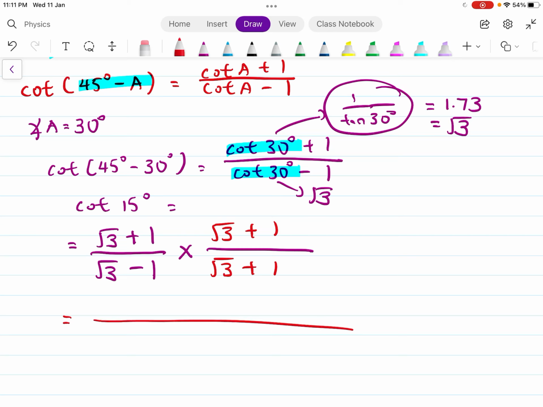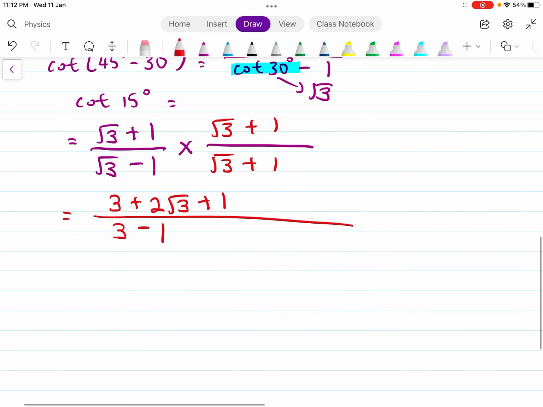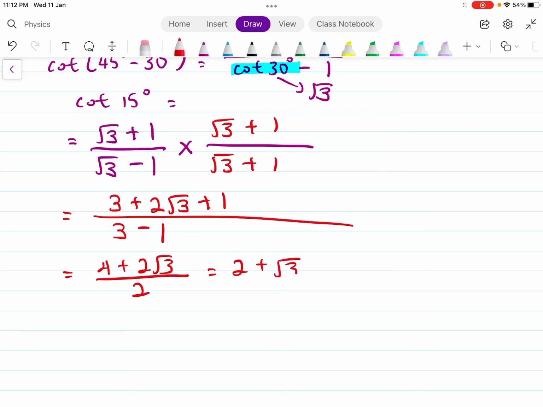I do it very fast: the denominator is 3 minus 1. The top is 3 plus 2 square root 3 plus 1. So you will get your form ready. It's equal to (4 plus 2 square root 3) over 2, which is equal to 2 plus square root 3.